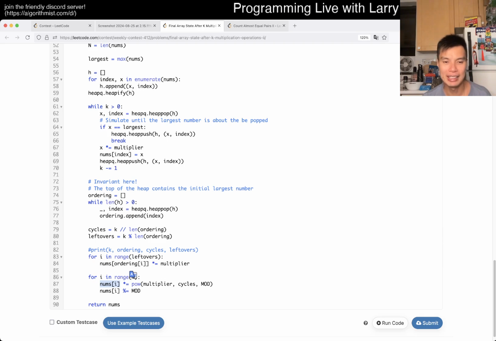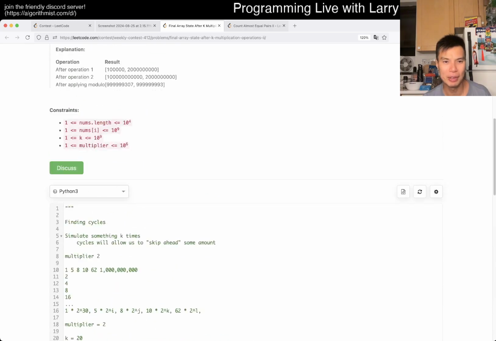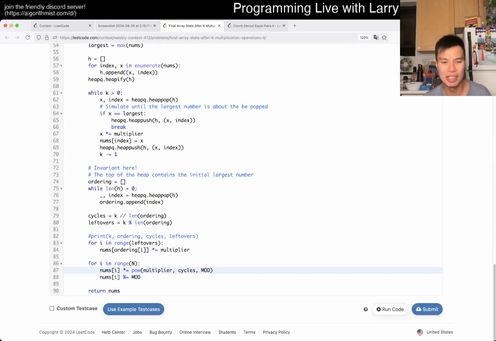But adding here, so 2 billion, 4 billion times mod, which is also less than another billion. So that means that all this is going to fit in long if you're careful. I did think about it, but it doesn't get too big, at least in Python, which is good enough.